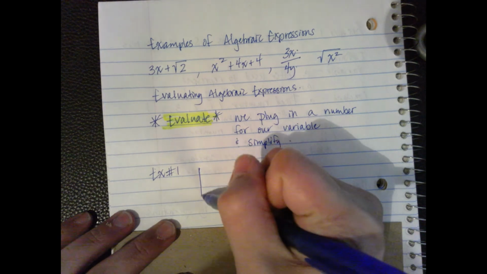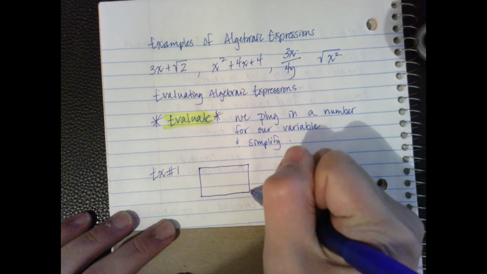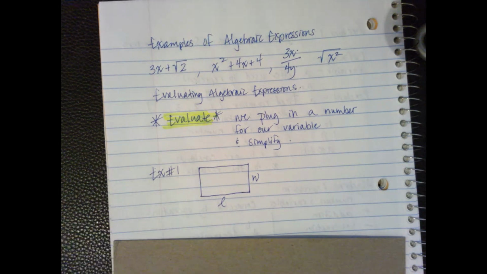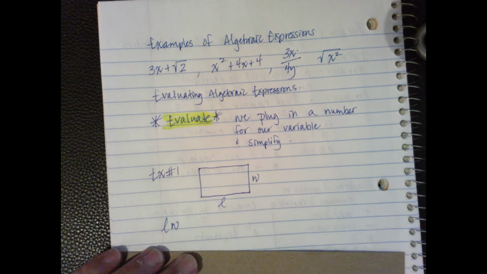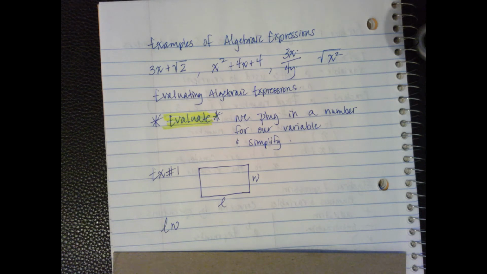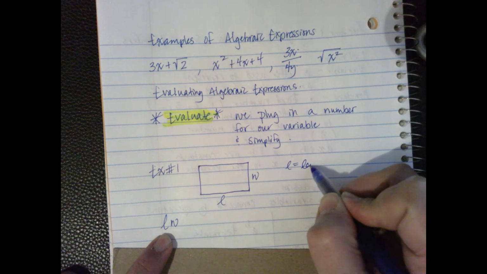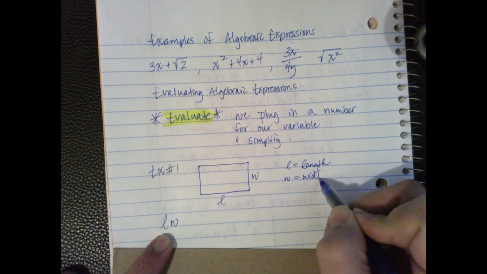So let's say I had a rectangle. Okay, and it has some length L and some width W. And if I wanted to find the area of this rectangle, I would have L times W. Okay, so this is an algebraic expression all by itself where L is equal to length, W is equal to width.